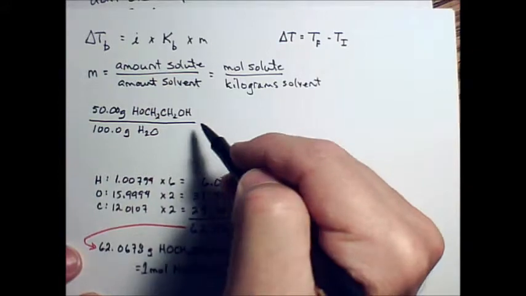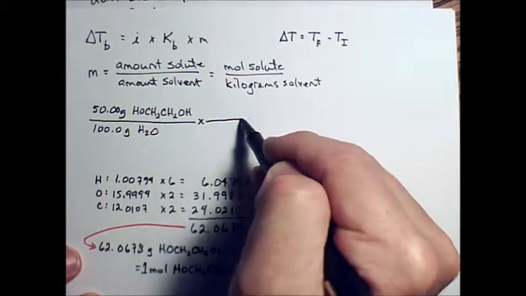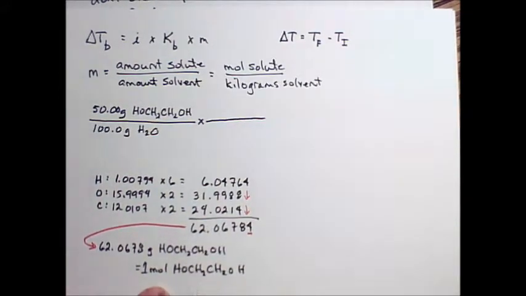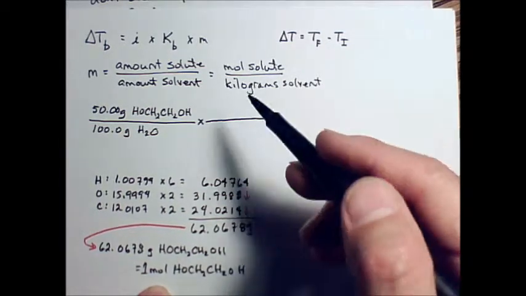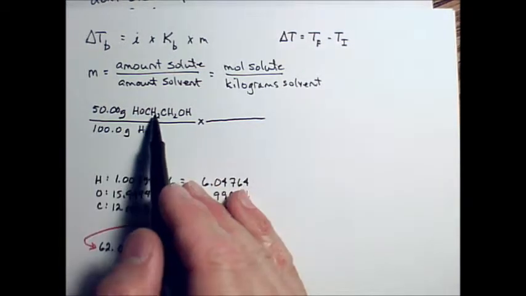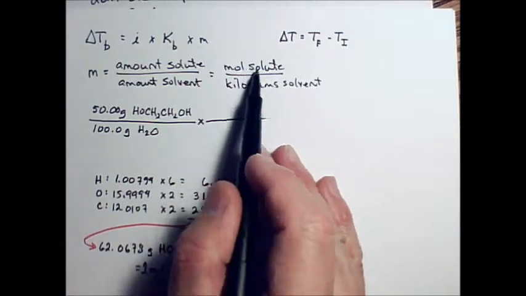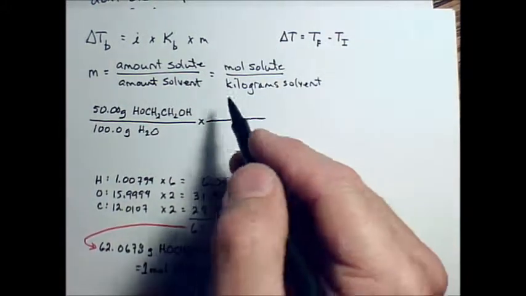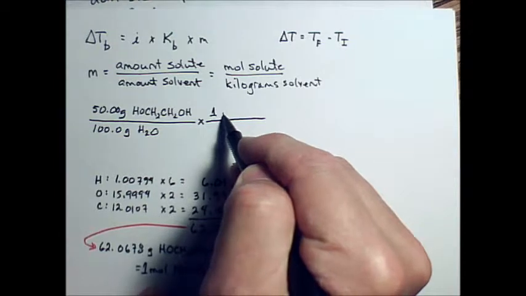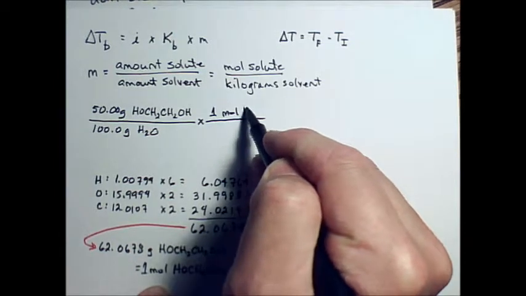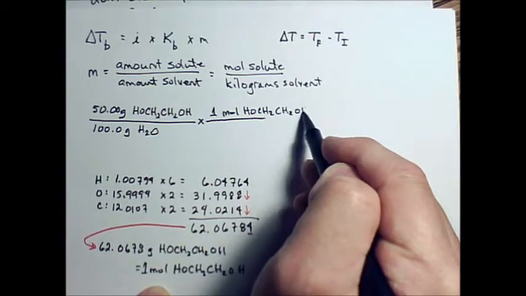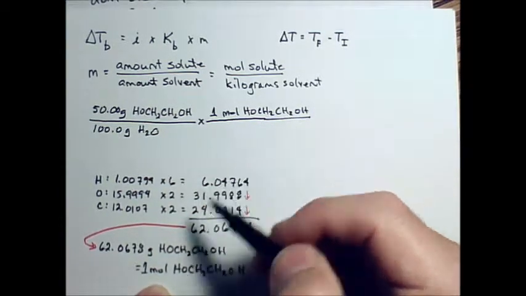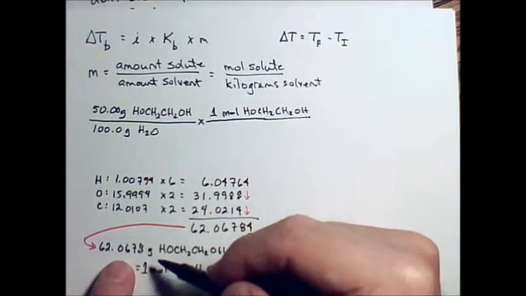Now, the reason we do that is, with an equality statement like this, we can arrange it up here into a conversion unit that's going to allow us to convert from the grams of the solute to the moles of solute we want to have. So we're going to put 1 mole of ethylene glycol on the top here, and we're going to put the other side of the equality statement on the bottom.